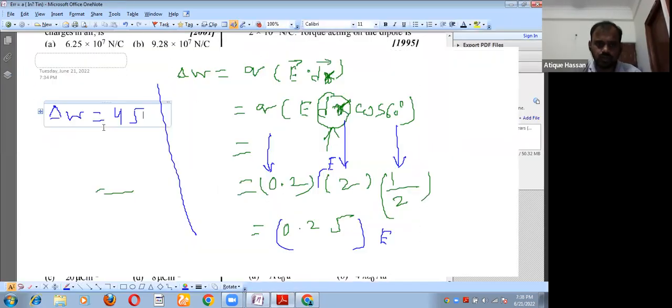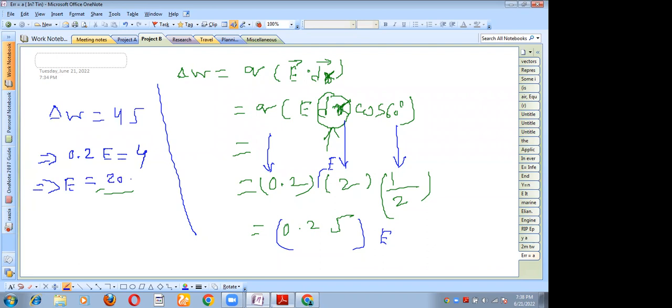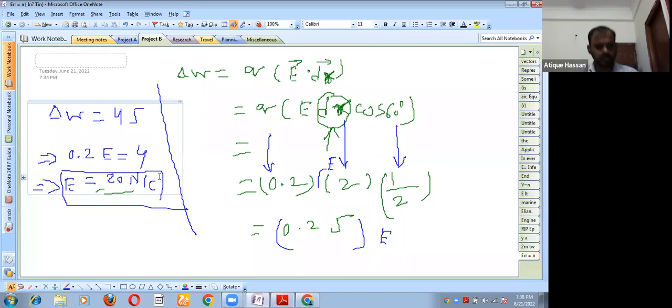It's 4 joule. So put the value, you should get 0.2 into E is equal to 4. So from here we will get E equal to 20. Okay. So this was our answer, right? 20. So D is the correct answer.